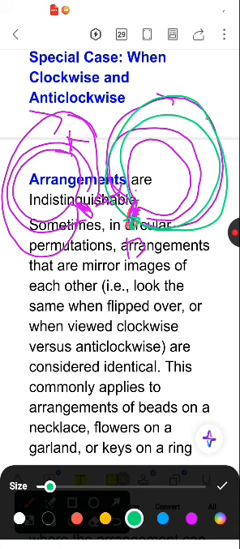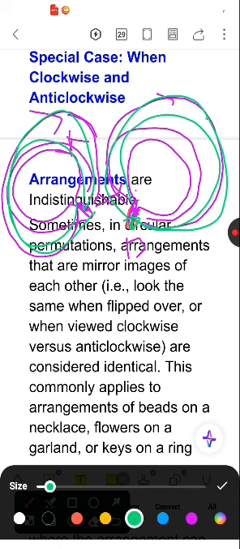So at the end of the day, I'm getting the same arrangement. So anytime you have a question, and this actually occurs on a string, not around a table. When people are seated around a table, the permutations will be different.